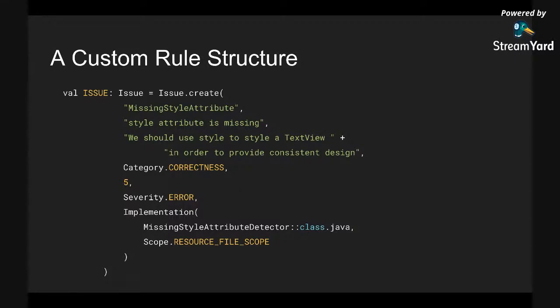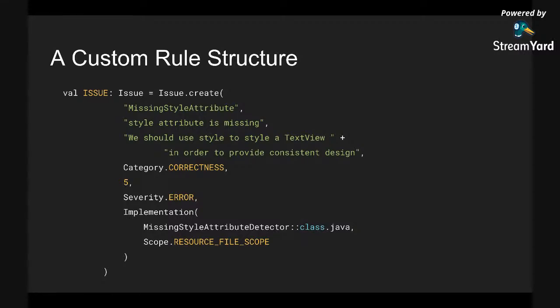Since this doesn't fall into any of those previously mentioned four categories, we are using the correctness category to define that it is incorrect to use text views without style. The next parameter is a priority parameter. This you can skip. I personally couldn't find any difference while changing the values, but if anyone knows anything about it, I would love to know.